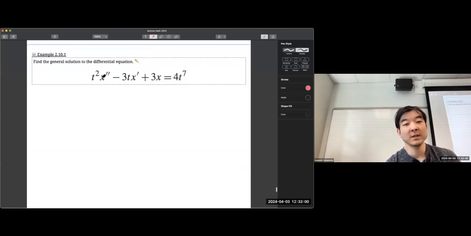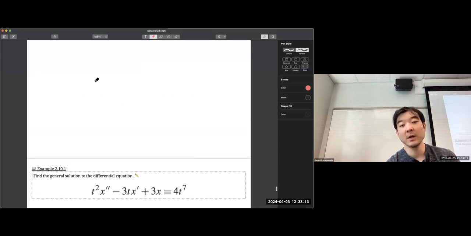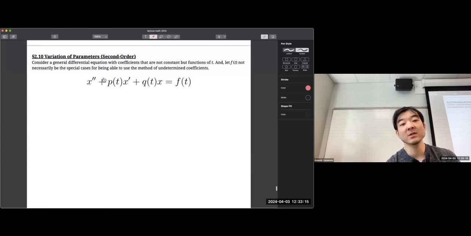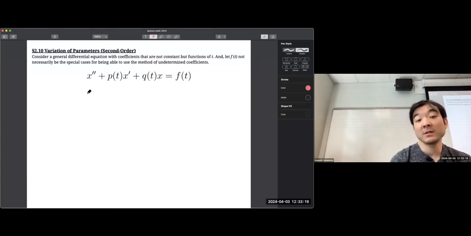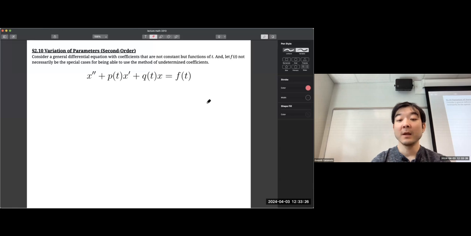For instance, these are non-constant across all of these, but you can always just divide everything by t squared, and then you can make at least the first term equal to 1. So we'll do that in a moment. This actually does capture all the types of second order linear non-constant coefficient differential equations with a non-zero right-hand side, because this f of t may not be equal to 0.